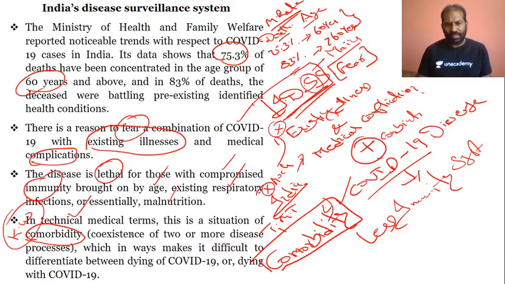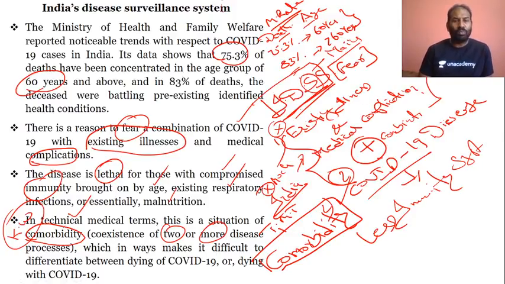What is comorbidity? Coexistence of two or more disease processes. So that is the concern. That is what we were talking about. I have taken these two: first, the existing illness, and second, COVID-19. So the worry is comorbidity.